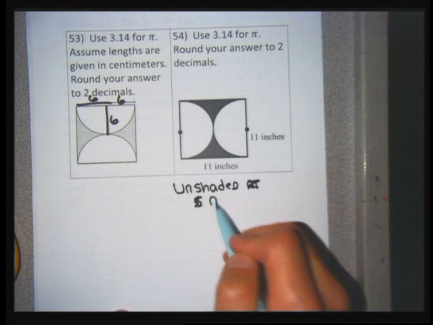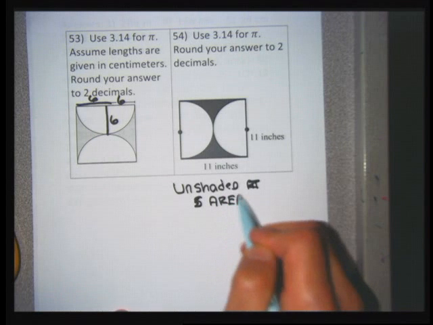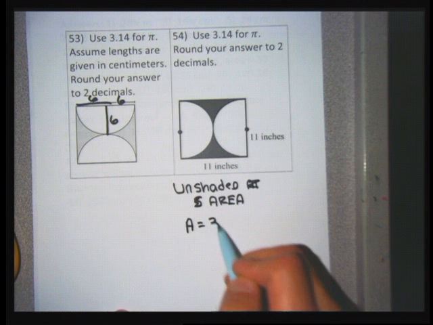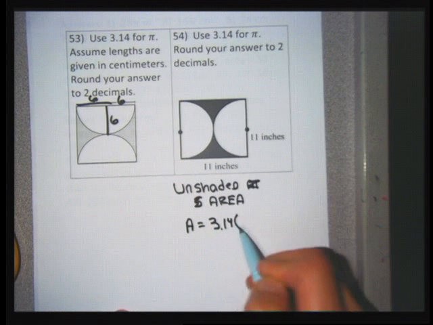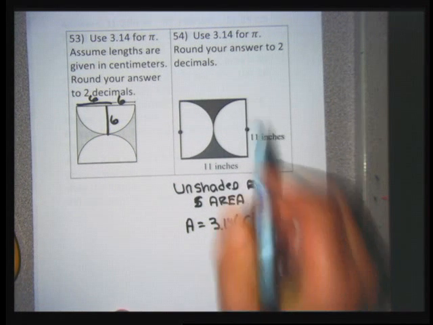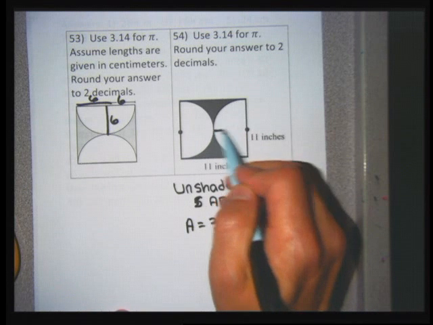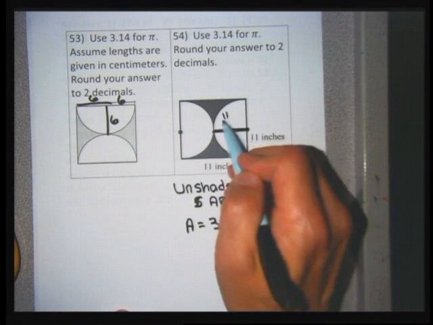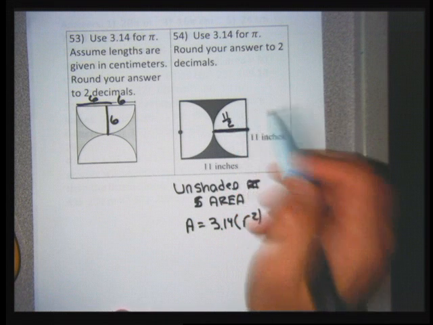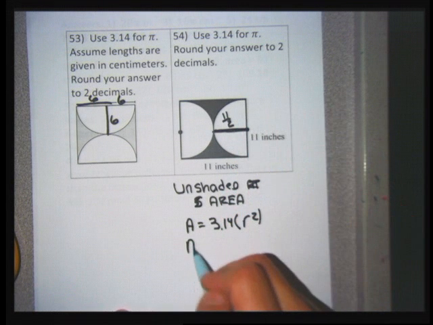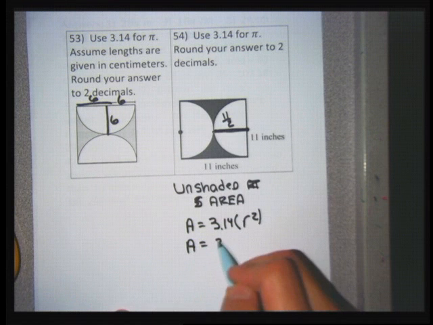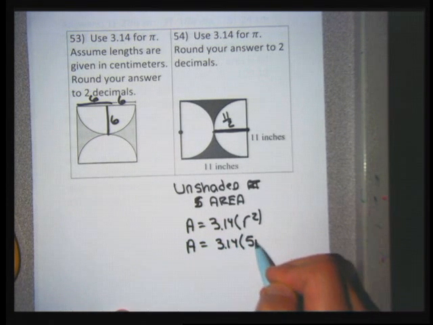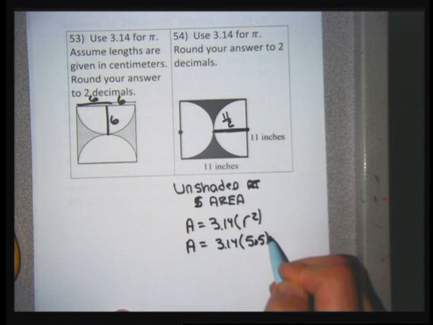Wow. Clearly I'm wearing out. To do an unshaded area, I need the area is pi, which I'm going to use 3.14, times r squared. And for my r, if the whole way across the square is 11 inches, my r is going to be 11 over 2, which is 5.5 inches. So my area for the circle is 3.14 times 5.5 squared.